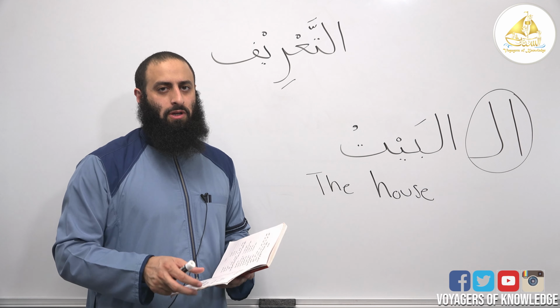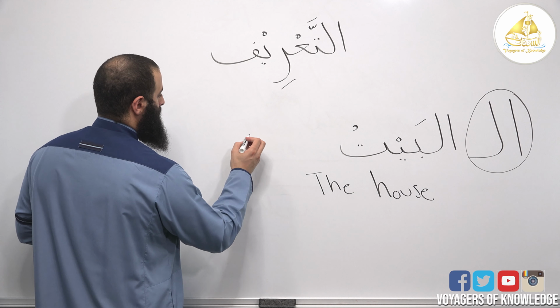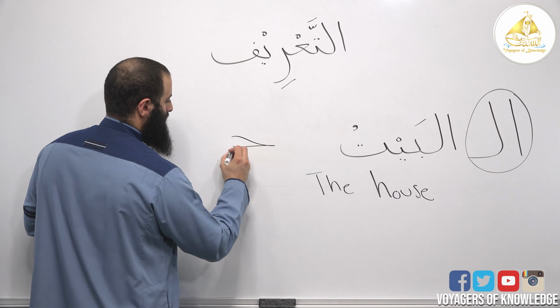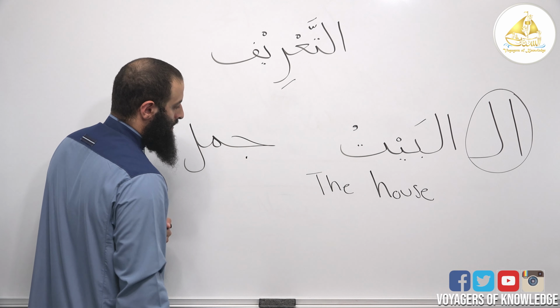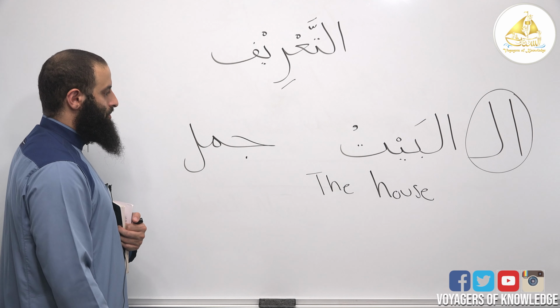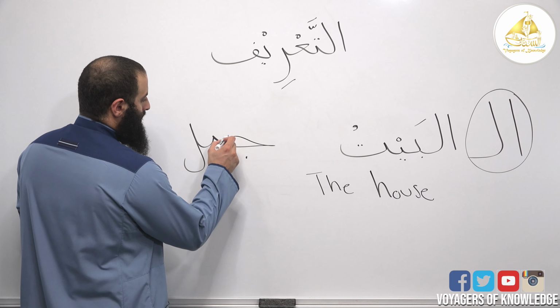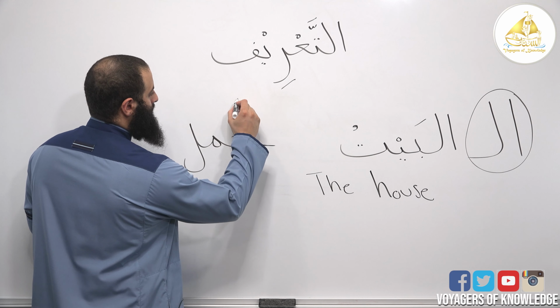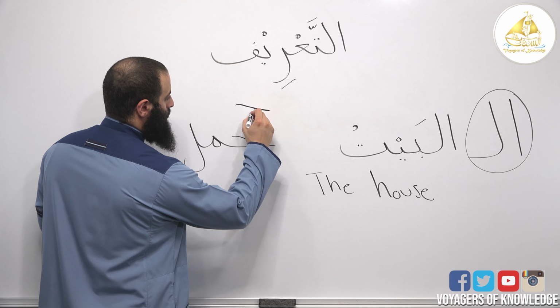Next, you have the word jamal. You have the word jamalun. And you see when you write your jeem, that's not the only way you can write it, but you're going to want to start kind of in this area. Go to the edge, retrace it.